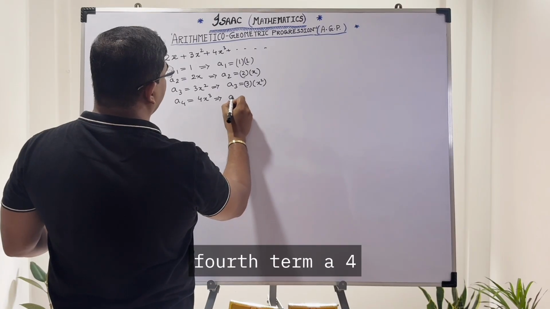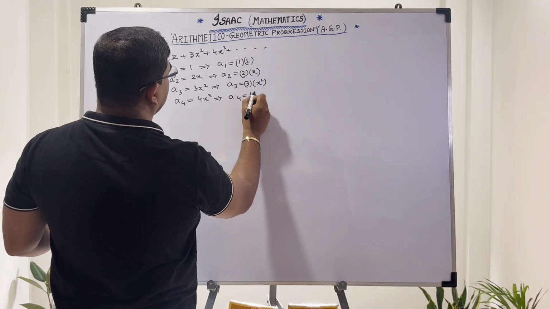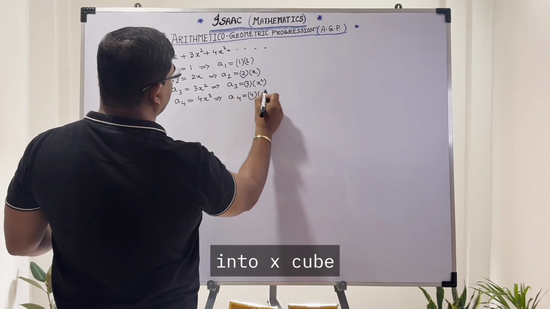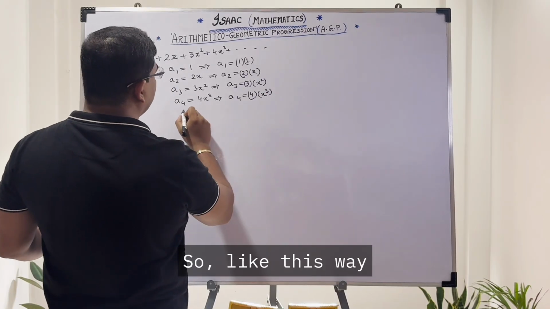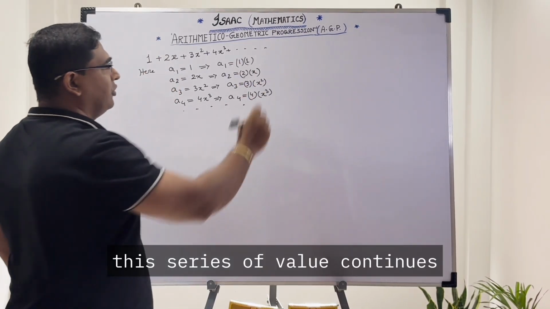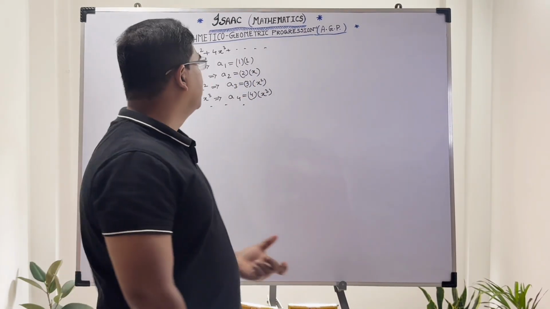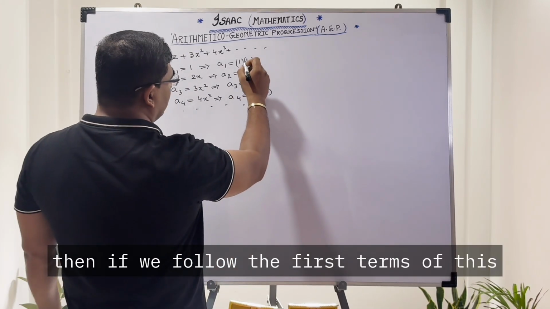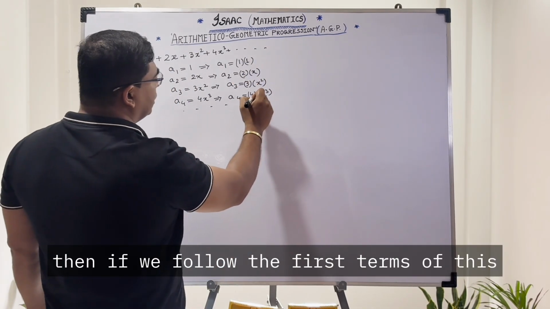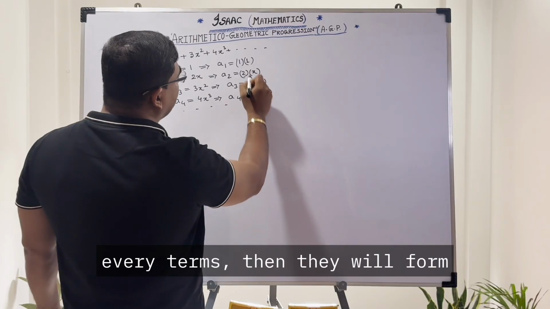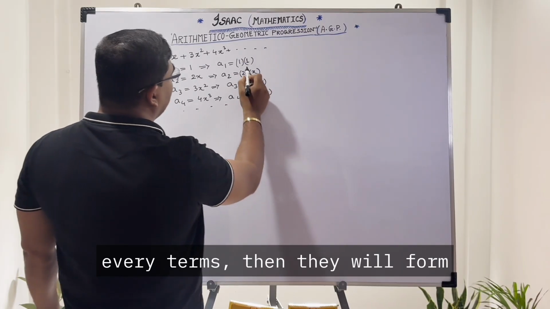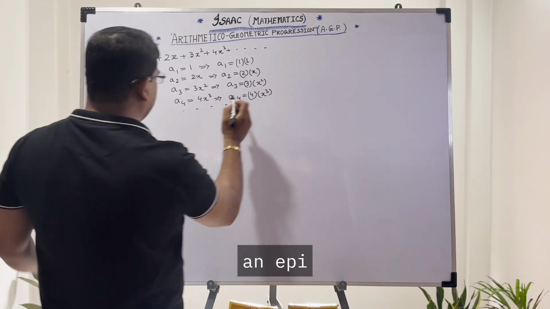Fourth term a4 as 4 into x cubed. So in this way this series continues. Then if we follow the first parts of every term, they will form an AP.